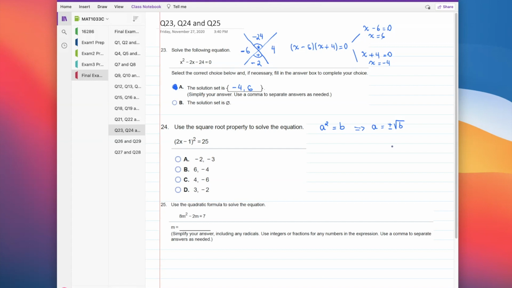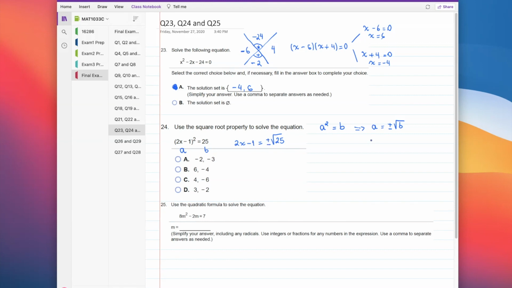So my a here is 2x minus 1, and my b is 25. If I apply the property, it says that 2x minus 1 is equal to the square root of 25, positive or negative.